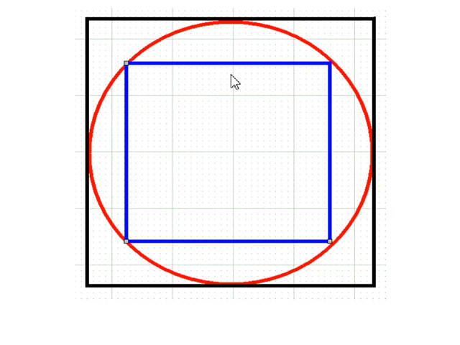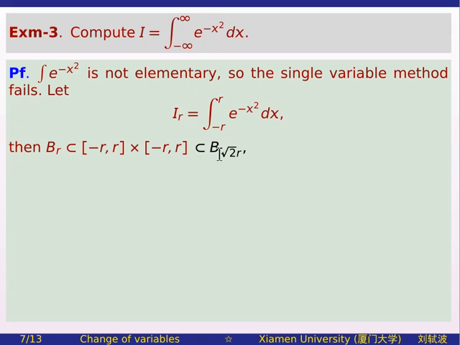Because this length is 2R, the diameter of this rectangle is 2 square root of 2 R. Therefore, the radius of this circle is square root of 2 multiplied by R. Therefore, this is B of square root of 2 R. This is easily checked.